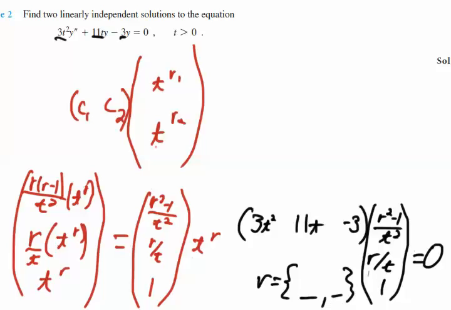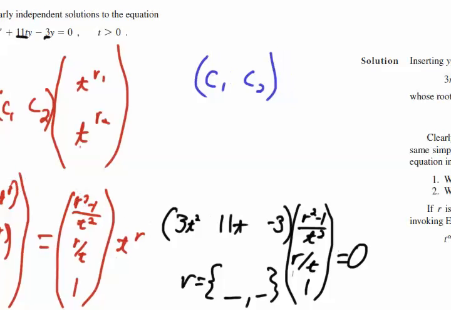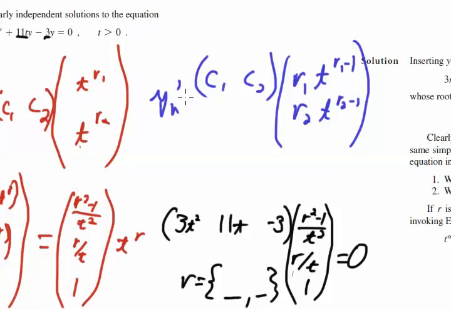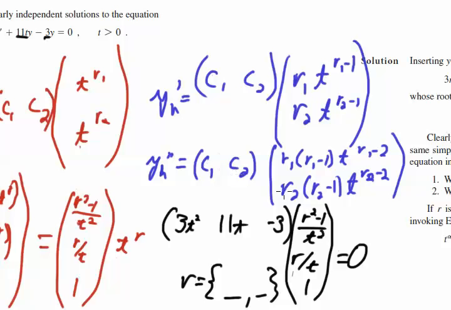But I've also been doing another method where I do put in the C1 t to the r1 and C2 t to the r2, finding the first derivative of it. The derivative of the homogeneous equation is going to just basically pop out that r1 and r2. And then the second derivative is going to pop out the r1 minus 1 and the r2 minus 1.